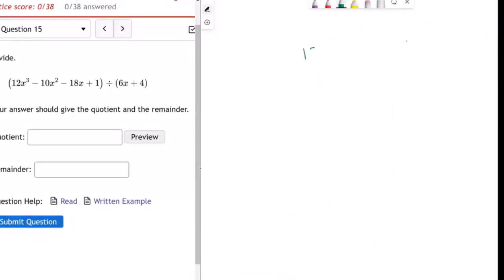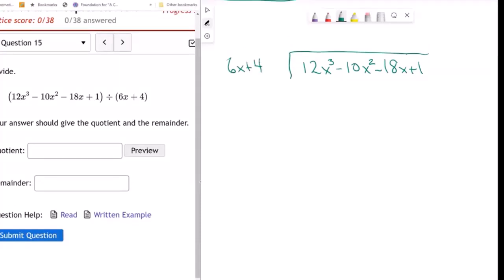We have 12x cubed minus 10x squared minus 18x plus 1. I'm dividing it by 6x plus 4. Again, I just look at the leading term over the leading term, which is 12x cubed divided by 6x.